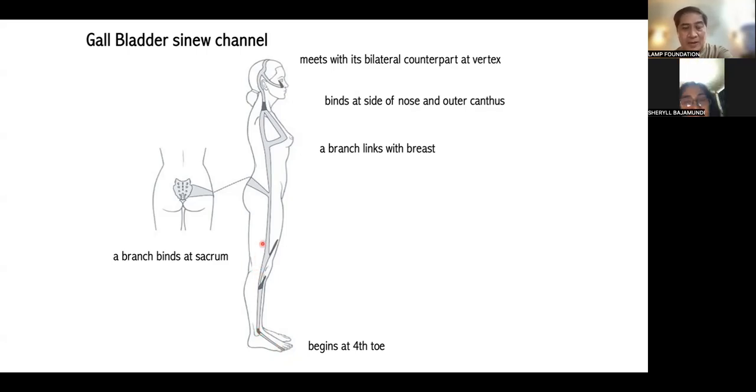Kasi nasa lateral aspect yung ating gallbladder sinew, no? And inability to bend the knee. So hindi ka na maka-bend, hindi ka na makapag-squat. Okay? Muscle spasm in the popliteal fossa, strained muscles of the pelvis, strained muscles of the sacrum extending upward to below the ribs, and pain in the hypochondria. Okay? So yon. Basta lahat ng pain that you can think of, blame it on the gallbladder sinew channel.